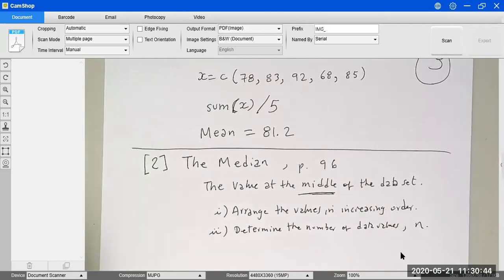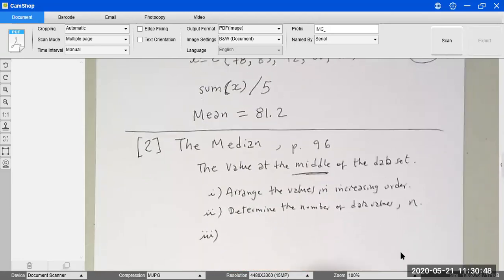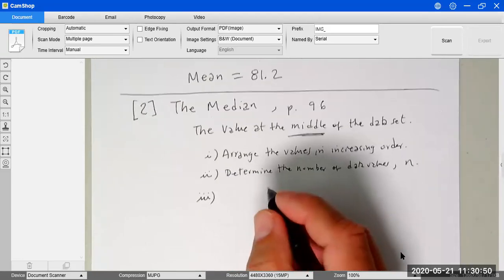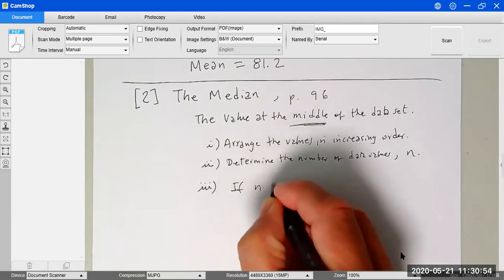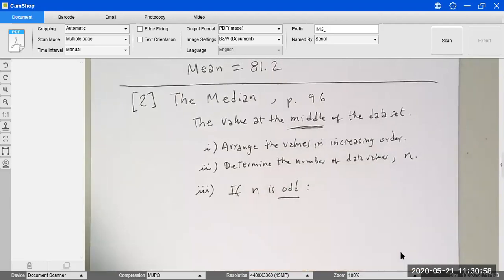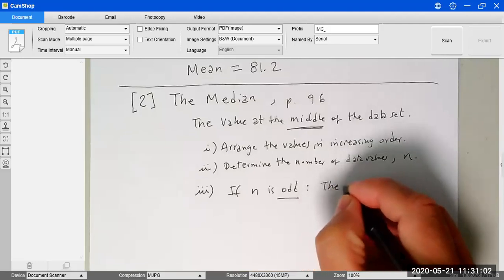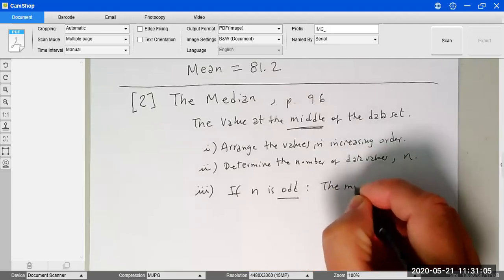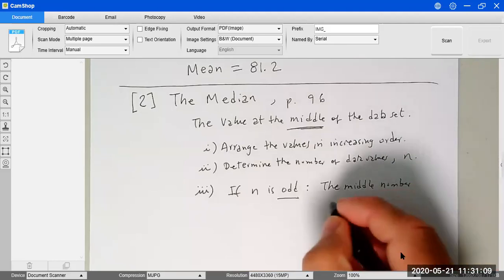And then you have two courses of action. If n is odd, then you just look for the middle number. The middle number is the median.